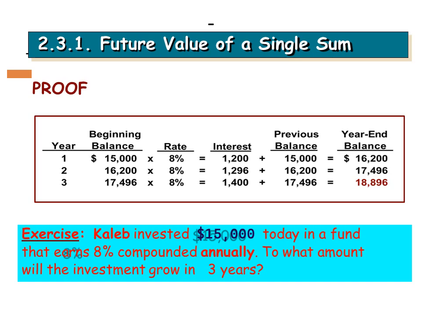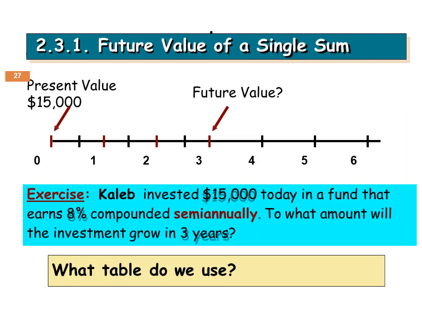In that way, we add all of the interest to our principal, and we get 18,896 as before. Then there is another case, where the future value is invested semi-annually. If that is semi-annually, our m, or frequency of periods, is two times in the year.